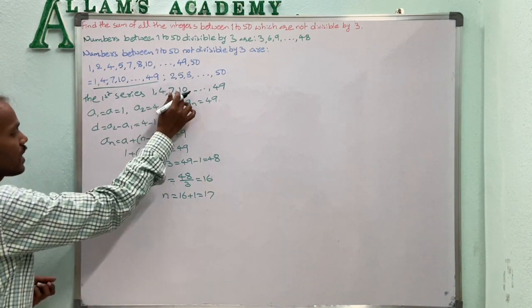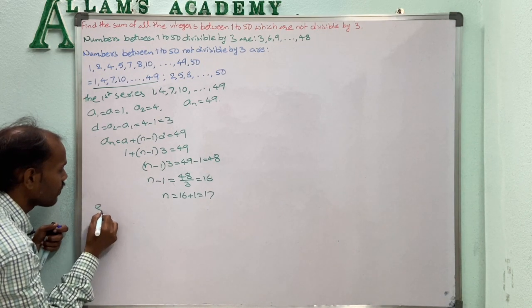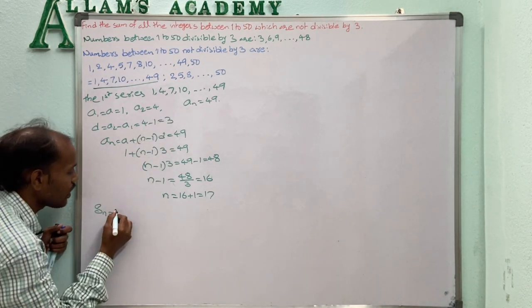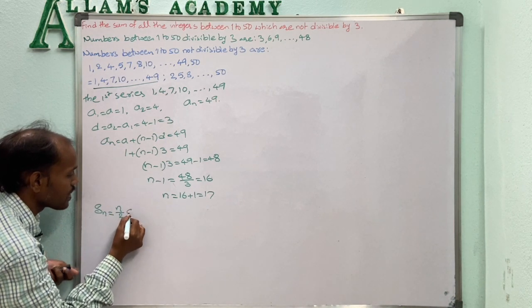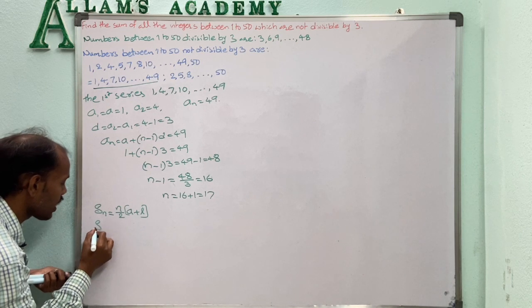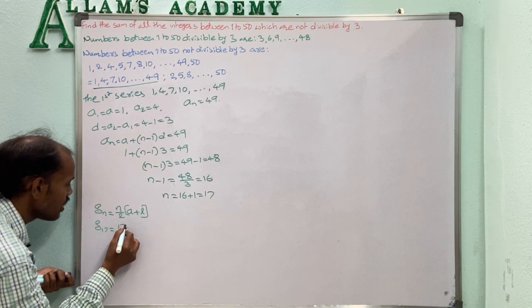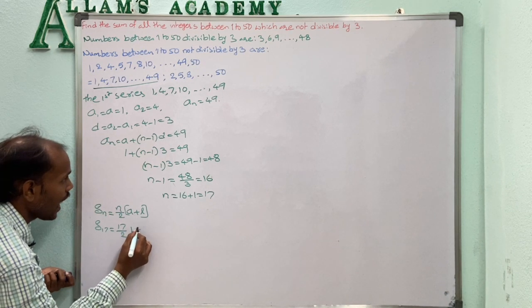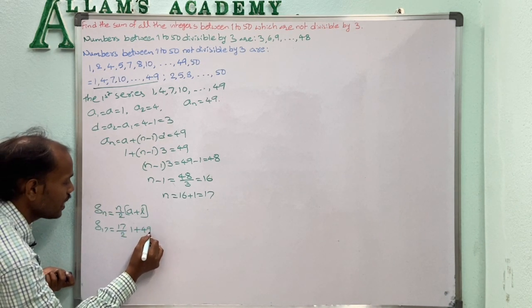Now to find the sum of these 17 terms, we know the first term and last term. So Sn equal to n by 2 into a plus l, that principle we use. Now the sum of the 17 terms, S17, is equal to 17 by 2 into a equal to 1 and l is 49.